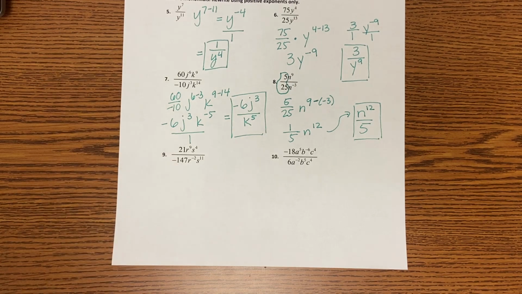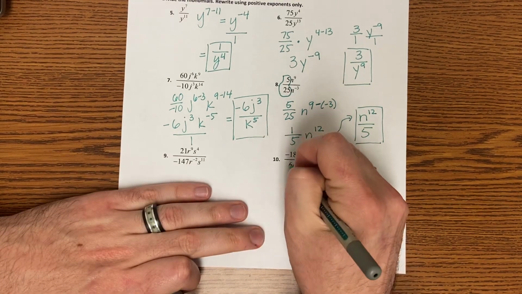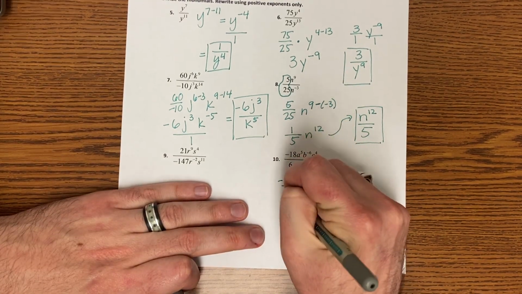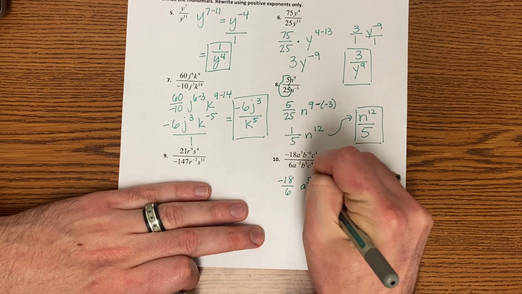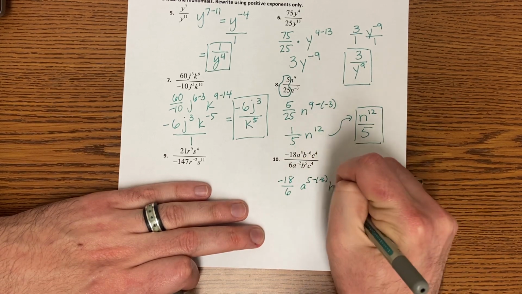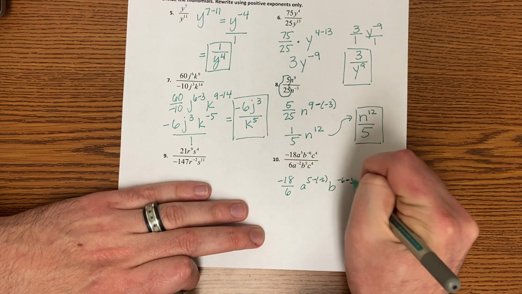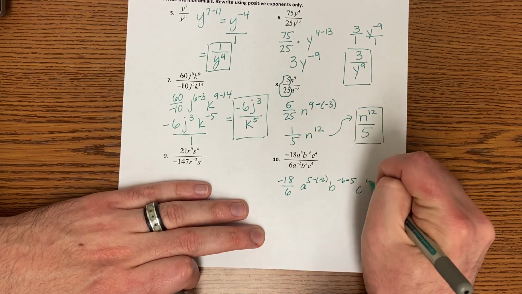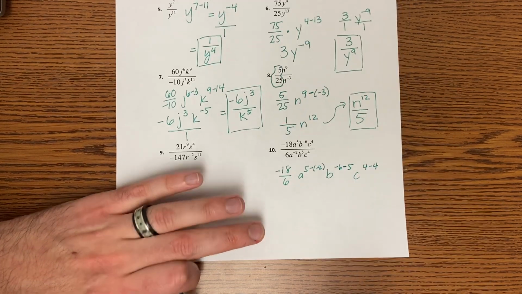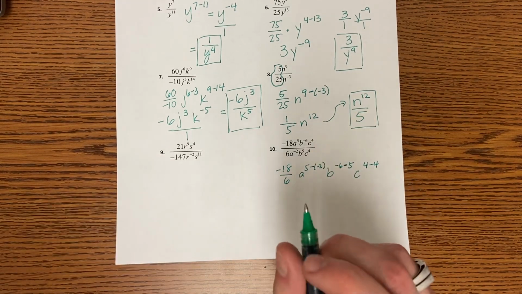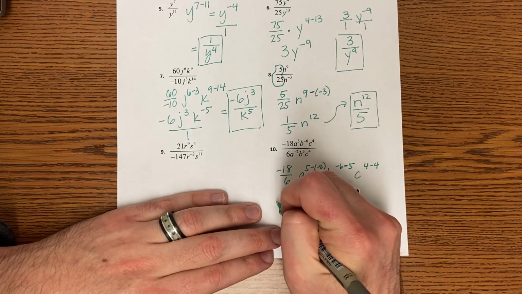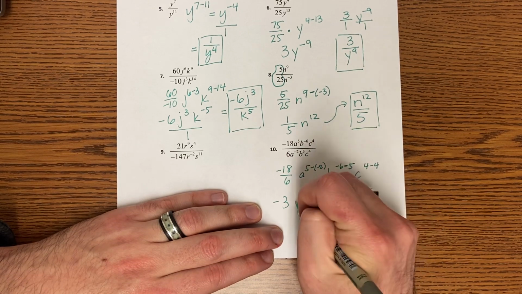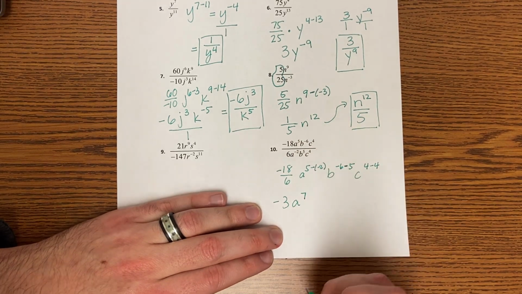knock out number 10. Just to see, negative 18 over 6 times a to the 5 minus negative 2 times b to the negative 6 minus 5, numerator minus denominator, times c to the 4 minus 4. So negative 18 over 6 is negative 3. 5 minus negative 2 is 7.